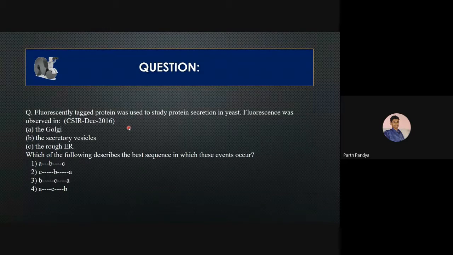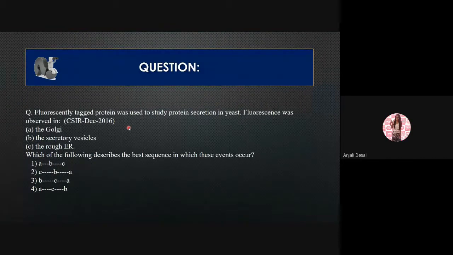Right. A fluorescent tag protein was used to study protein secretion in yeast. Fluorescence was observed in the Golgi, secretory vesicles, the rough ER. Which of the following describes this?